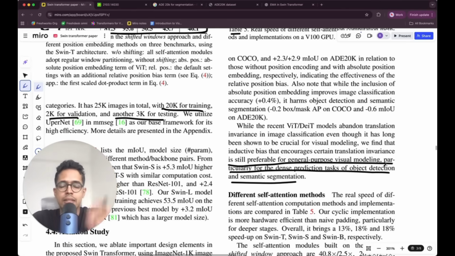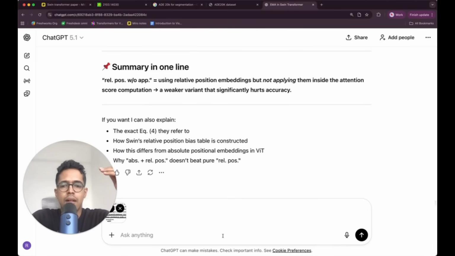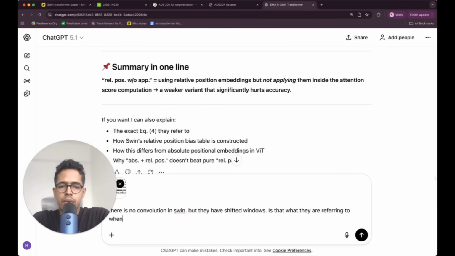So here maybe what they are saying is, let me just clarify this with GPT. I am not sure, because they don't have convolution as such. Let me ask. There is no convolution in Swin, but they have shifted windows. Is that what they are referring to when they talk about inductive bias?